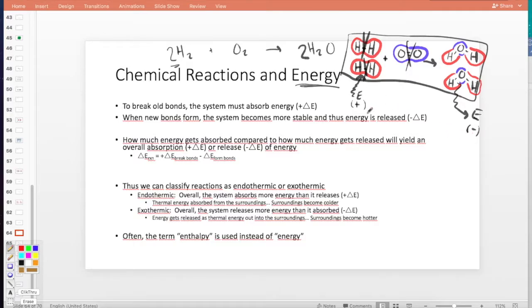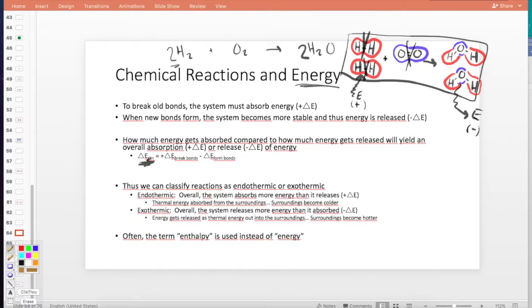Old bonds get broken, that requires an input of energy. New bonds are formed, the system reaches a lower potential energy state, therefore energy gets released. So there's a positive energy change and a negative energy change. So we can take those energy changes and combine them to get the overall energy change of the entire reaction, given right here.